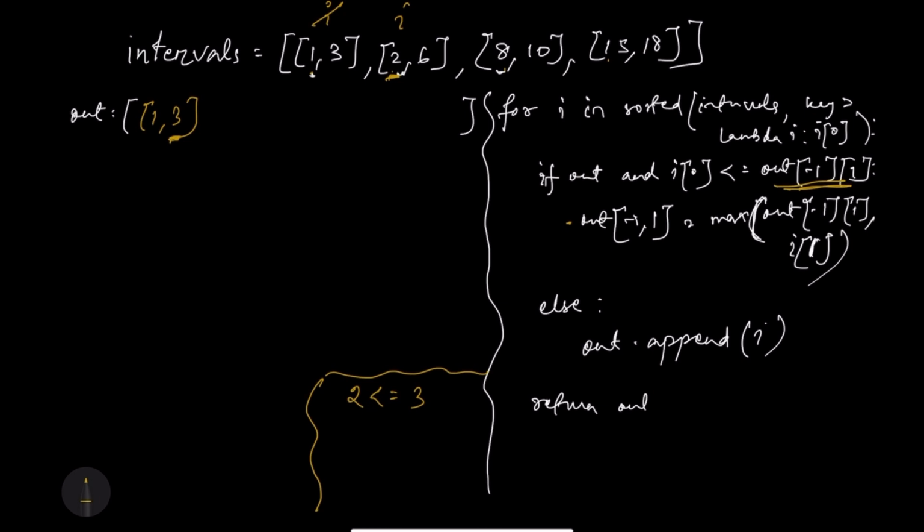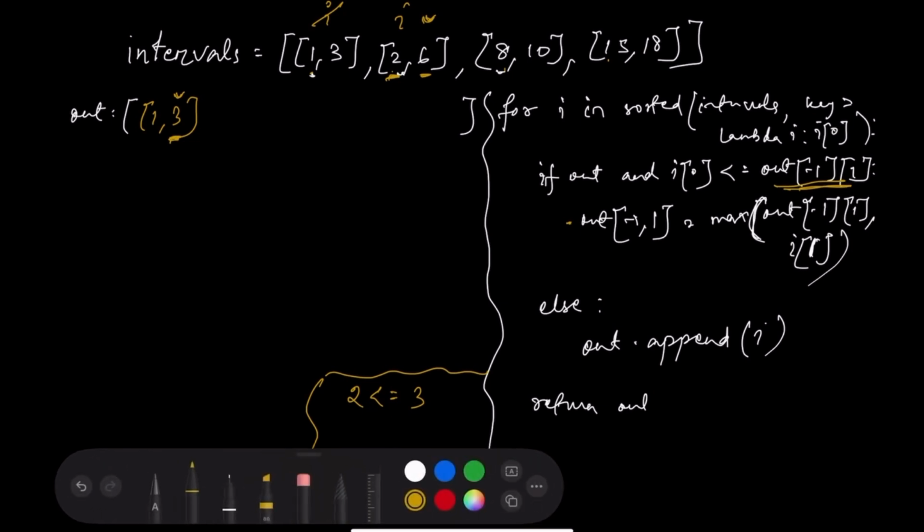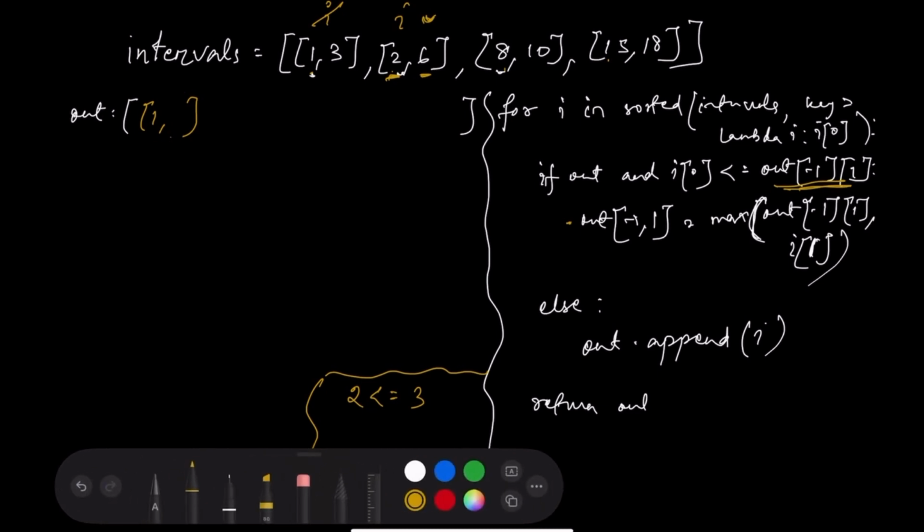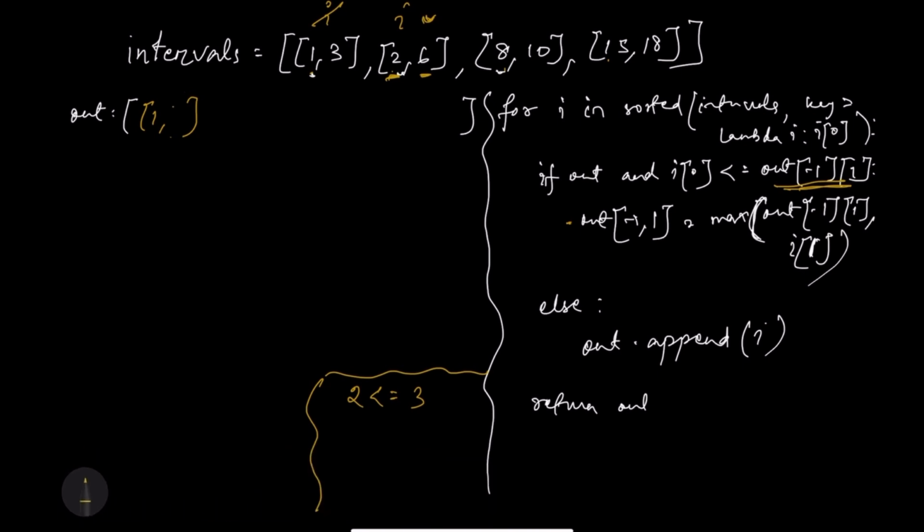In this we will put whatever is maximum between our output's last element and our i's last element. So we see that our i at the position 1 is greater, so we will put our i at that position, that would be 6, as 6 is greater.